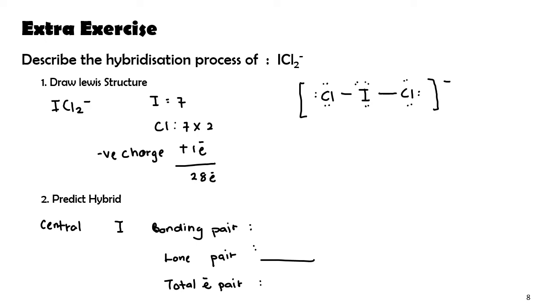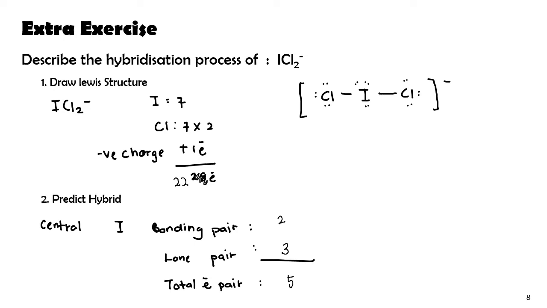For the hybridisation of ICl2 minus, so you will have here 22 electrons in total. So your Lewis structure should be like this. And for the central atom, iodine atom, the bonding pair will be 2, and there are 3 lone pairs here, so the total will be 5. So from here, 5 total electron pairs.